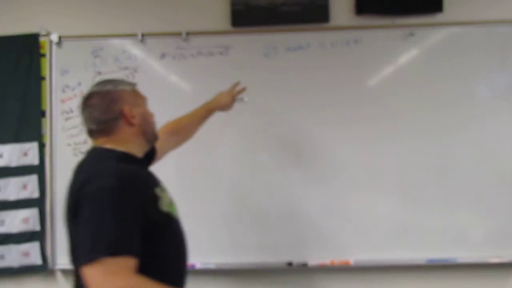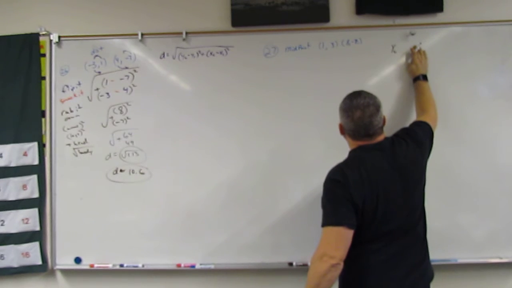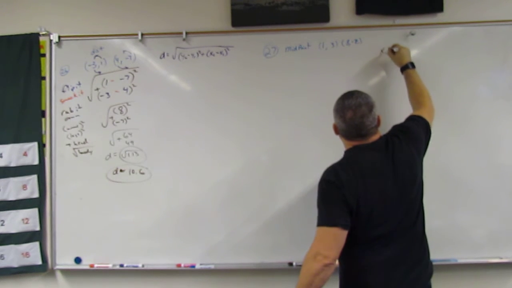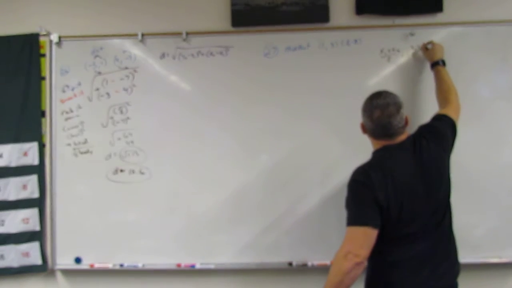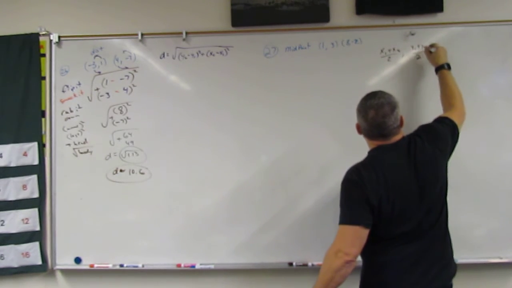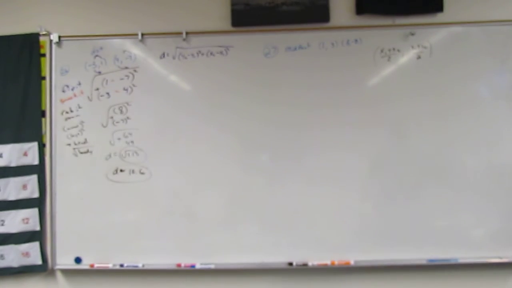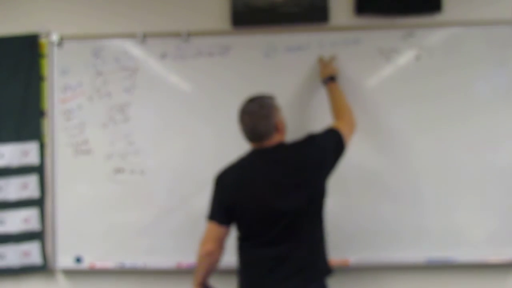And then we go to this midpoint, and we should know that the midpoint is x sub 1 plus x sub 2 over 2, and y sub 1 plus y sub 2 over 2. And what one of my students said is, oh, that's easy, so all I have to do is go like this.